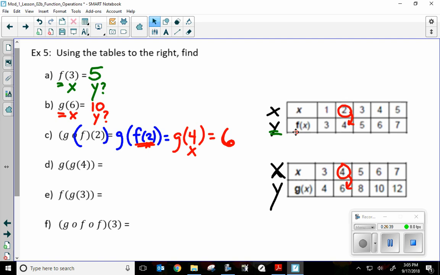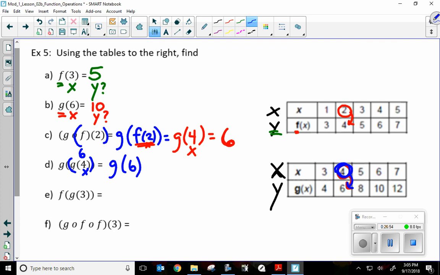D. All right. G of 4. When my x is 4, that's nice. My y is 6. So this here is like 6. It's like saying g of 6. And what's g of 6? 10. Very good. Nice.